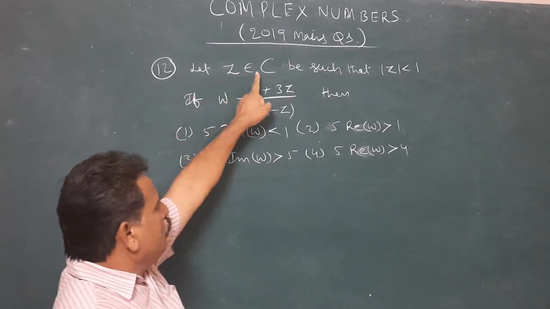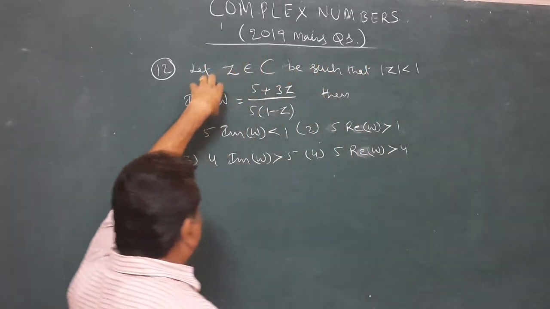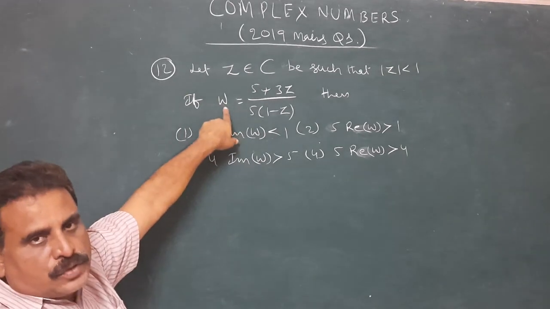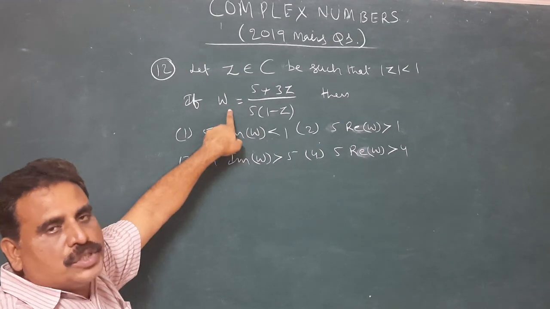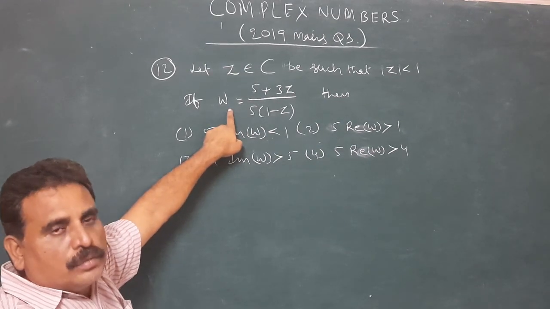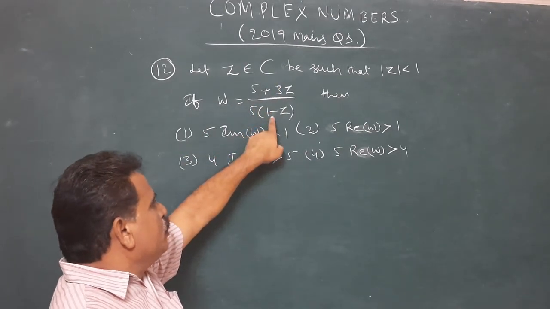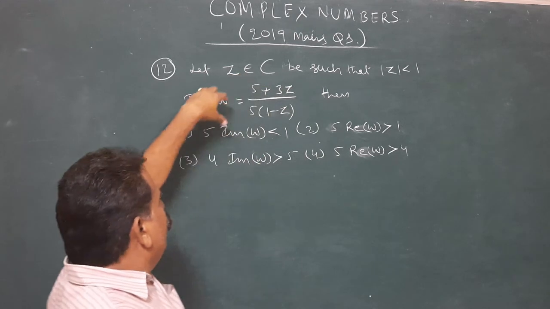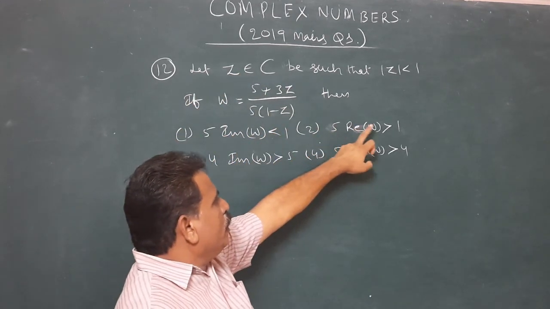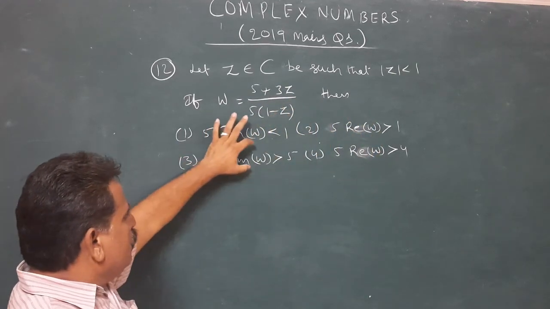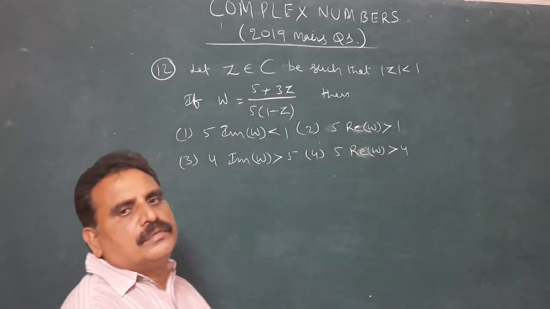Let z belong to C be such that |z| is less than 1. If w, dear students, keep in your mind, it is not omega in this question, it is w, a complex number, w = (5 + 3z)/(5(1 − z)), then: 5 Im(w) is less than 1, 5 Re(w) is greater than 1, 4 Im(w) is greater than 5, 5 Re(w) is greater than 4.